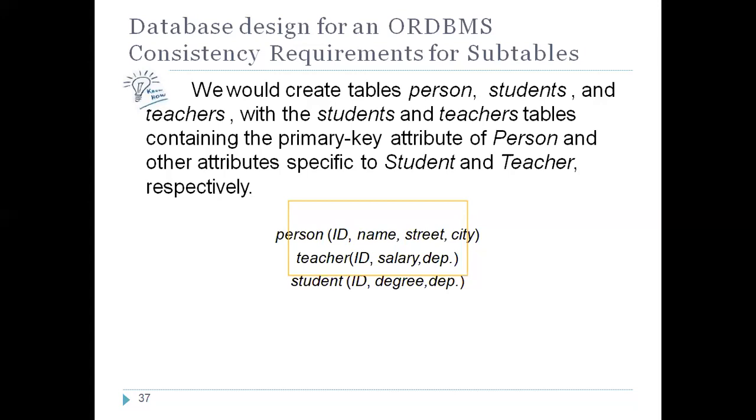In the case of teacher, it is ID, salary, department, and in the case of student, it is ID, degree, and department. In both cases ID is the common thing, and person ID is the main primary key attribute, which is also present in teacher and student, along with other attributes specific to students and teachers respectively.